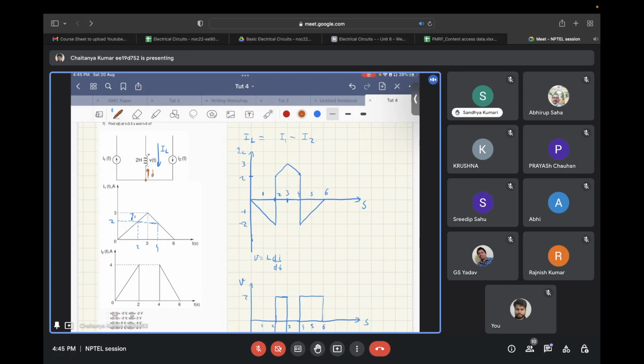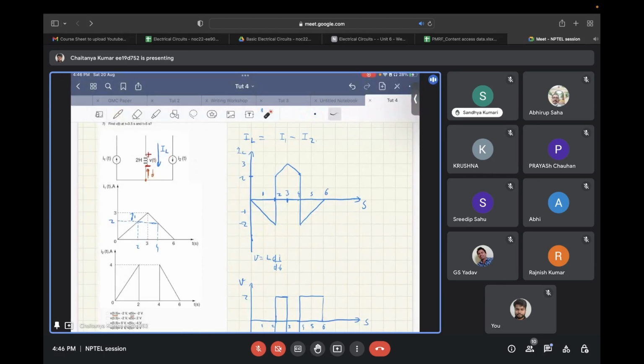Okay, so let's see. We need to find this voltage VL across the inductor, and since the inductor again is a passive element, the current we will be considering will be in the direction going into the positive terminal.